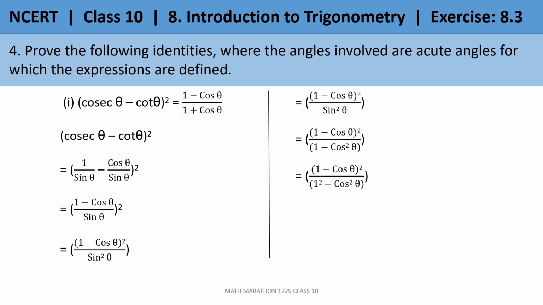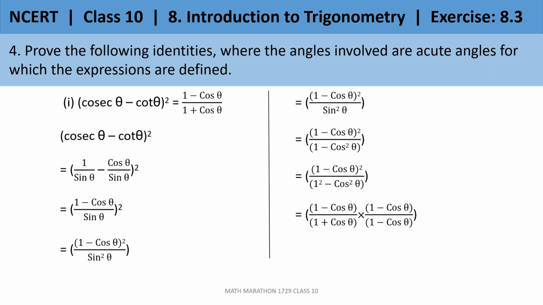1 square minus cos square theta is in the form of a square minus b square, which is equal to (a plus b) multiplied by (a minus b). This is equal to (1 minus cos theta) multiplied by (1 minus cos theta) by (1 plus cos theta) multiplied by (1 minus cos theta).